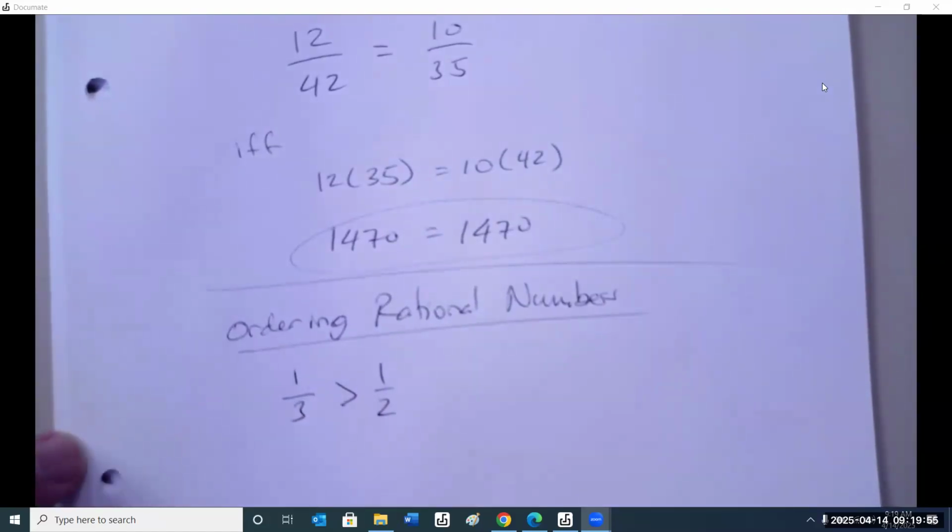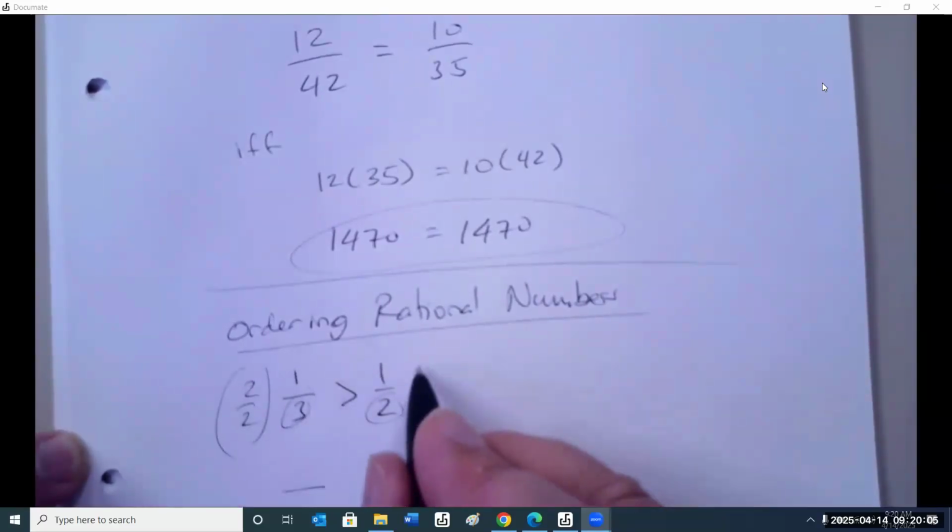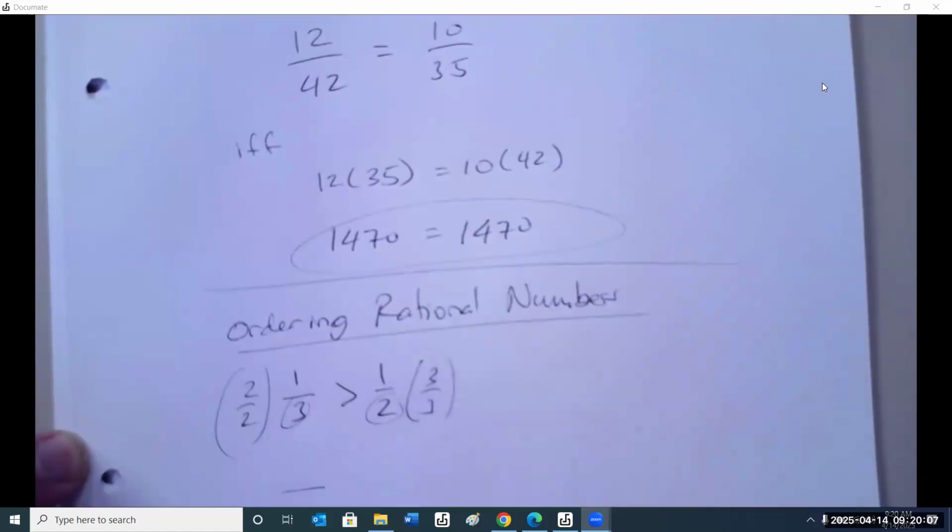Well, we get common denominators. So the common denominator here would be, I take this number, multiply it over here. I take this number, multiply it over here. So I have 2 over 6 is greater than 3 over 6. Is that true?